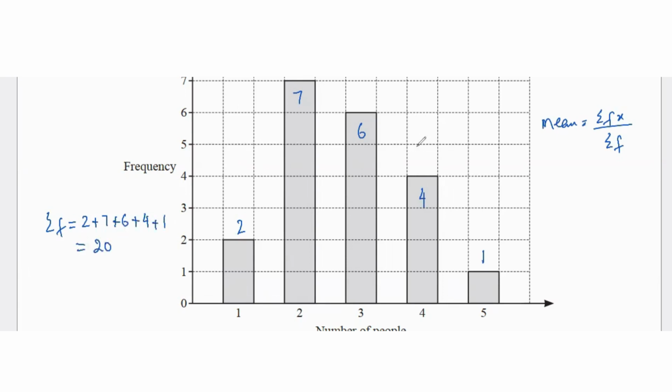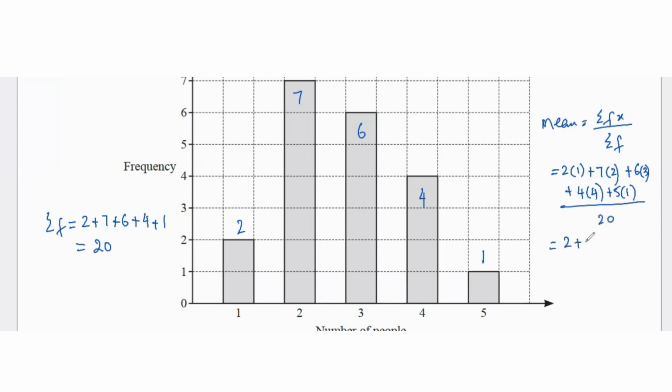Now for sigma fx, we multiply the frequency for each x value. And once we have the product for each of these values, we add them up. So that's going to be 2 times 1 plus 7 times 2 plus 6 times 3 plus 4 times 4 plus 5 times 1, divided by 20.